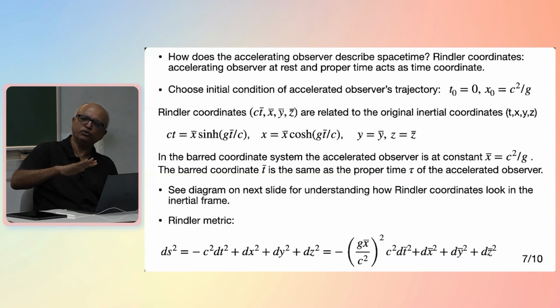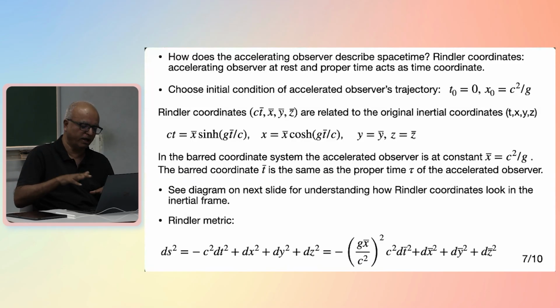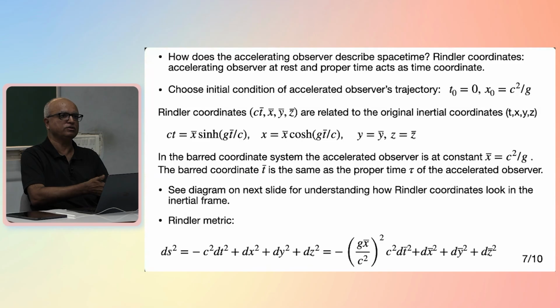I want to do exactly the analogous thing for the uniformly accelerating observer. In my coordinate system, his position is changing all the time. He is speeding up and he is not at the origin. His position changes, obviously. I want a new coordinate system in which his position does not change.